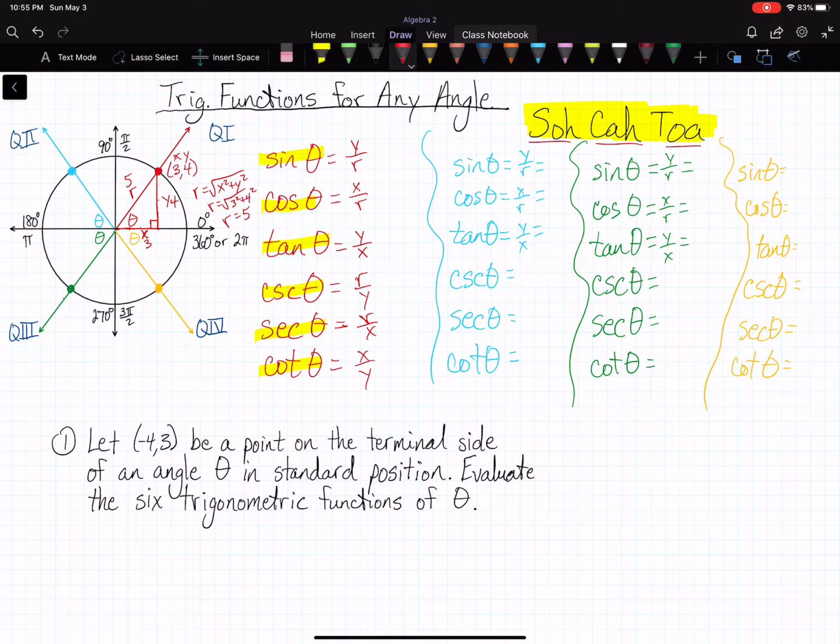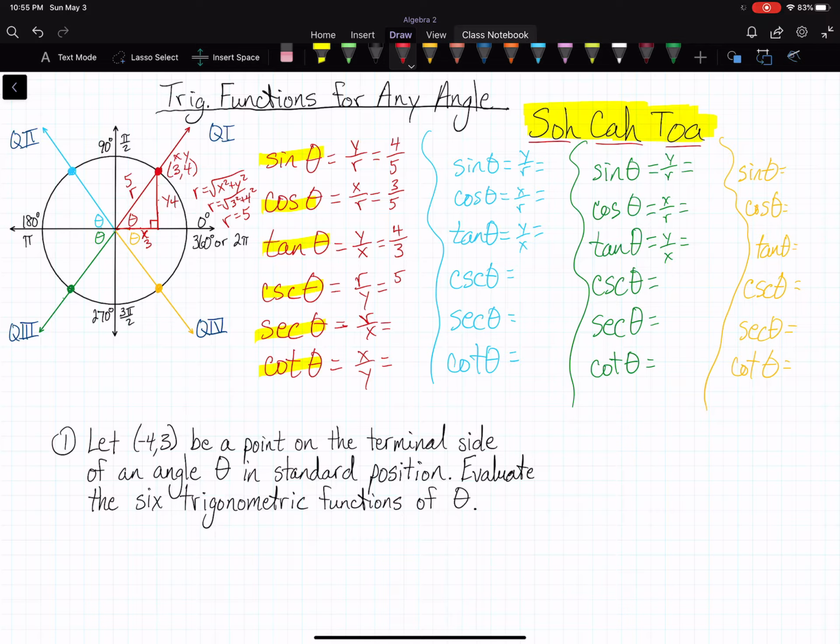They're reciprocals. So, to show you how this works, you take your y, which at the red point is 4, over the radius, 5. Your x is 3 over 5. And your y, 4, over your x, 3, is 4/3. And then for the other three, you just flip them.